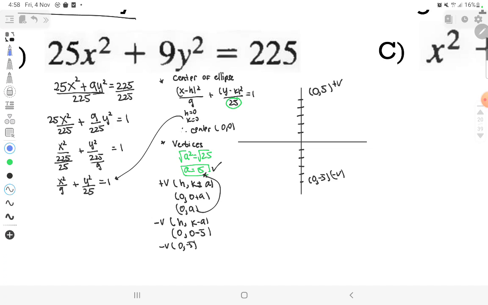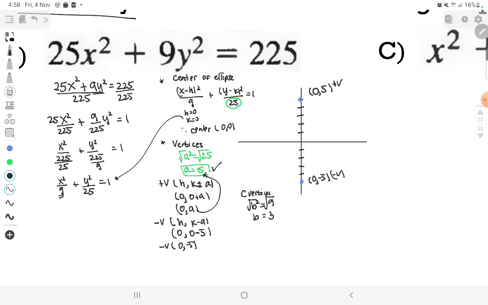Now, we cannot graph our ellipse, of course, without our minor axis. Now, we can trace for our semi-minor axis based on the value of our b, or our co-vertices, CV, wherein b squared is equal to 9. Getting the square root of both sides, b is equal to 3.